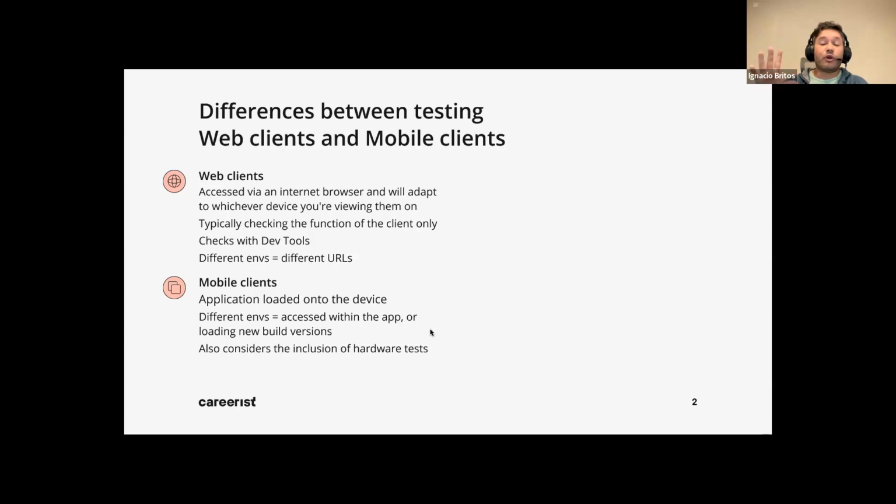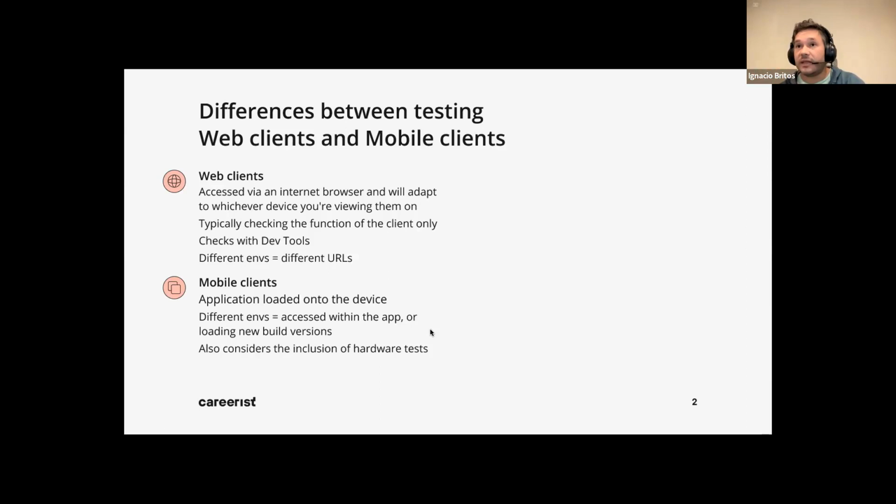For example, in Chrome dev tools, you can simulate different things. You can work with the network tab. You can work with the throttle tools as well. So in web clients, you can use the dev tools to change or inspect different things.